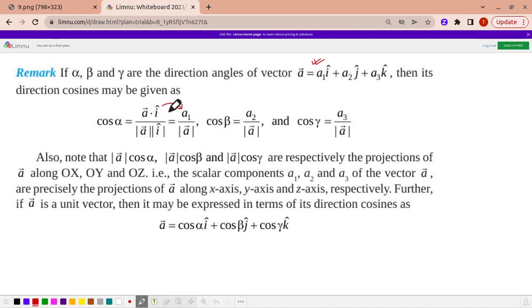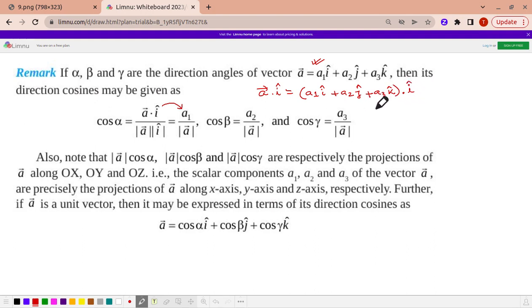Now if we take a dot product with i, how is it going to happen? Let me compute this one. A vector dot i cap will be equal to A1 i cap plus A2 j cap plus A3 k cap dot i, the unit vector along the x-axis.